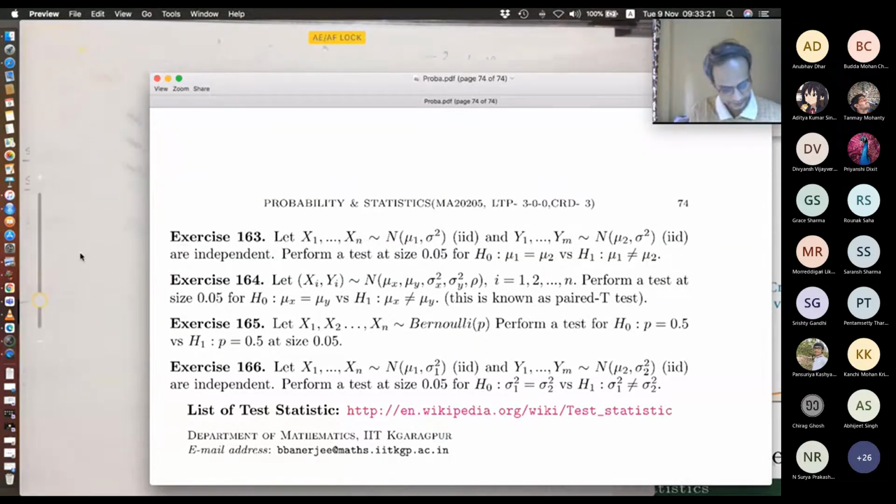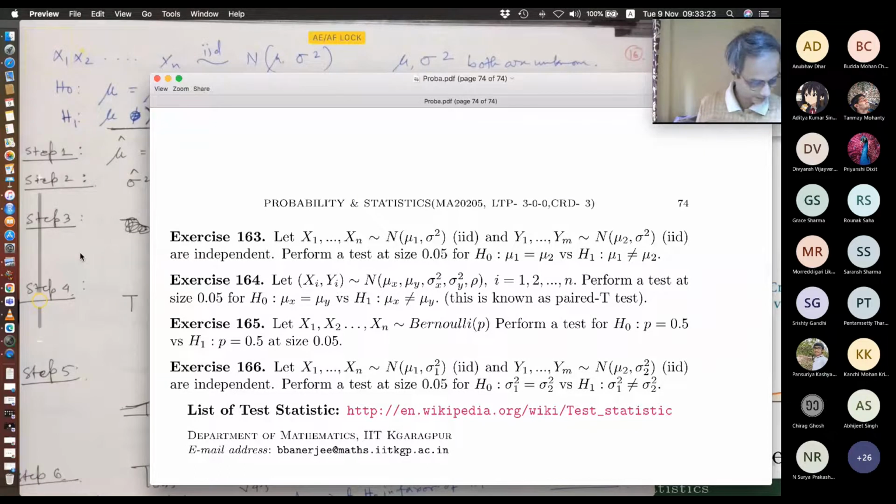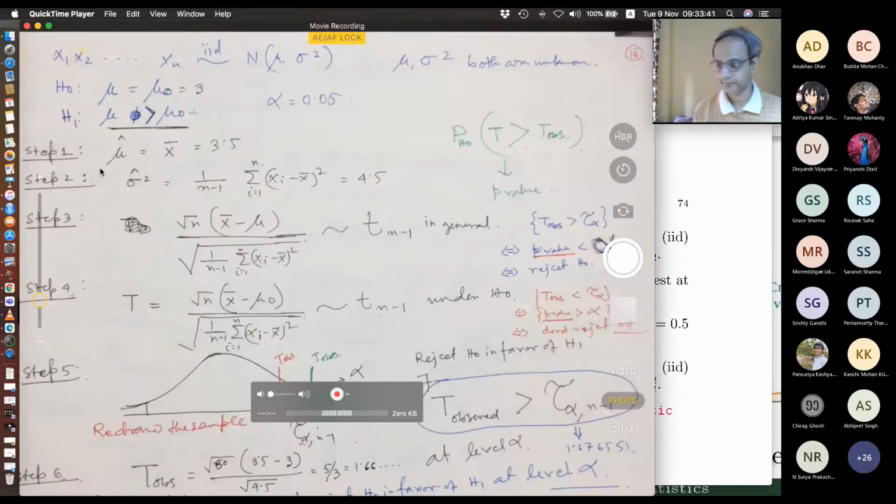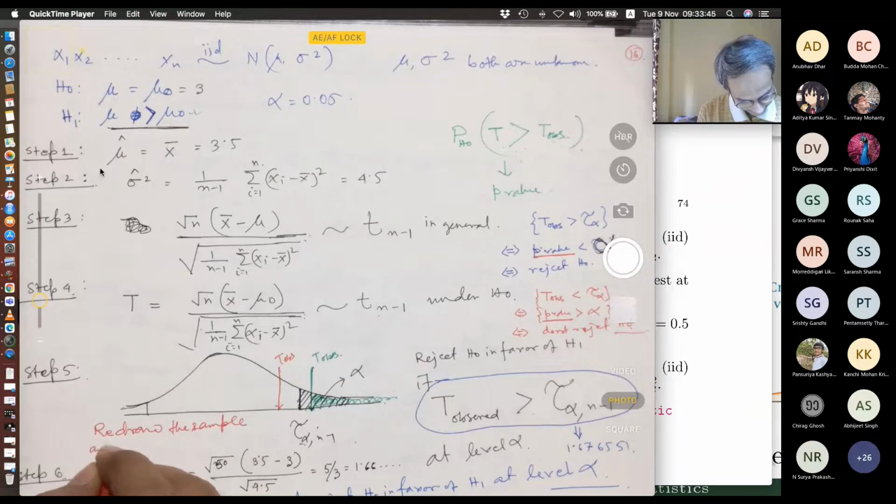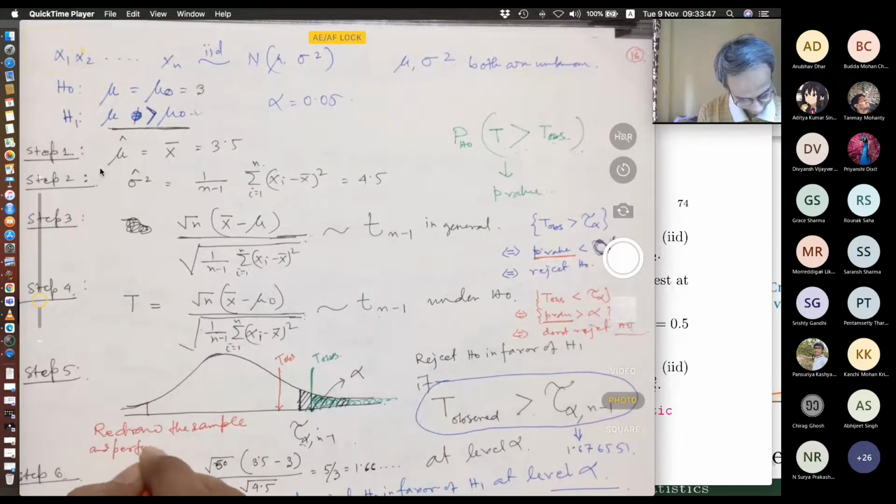Say for example, here it is must recommendable that you redraw the sample and perform the test once again.